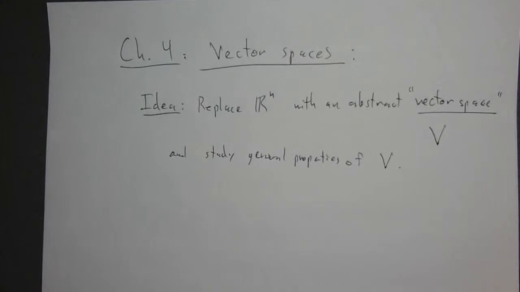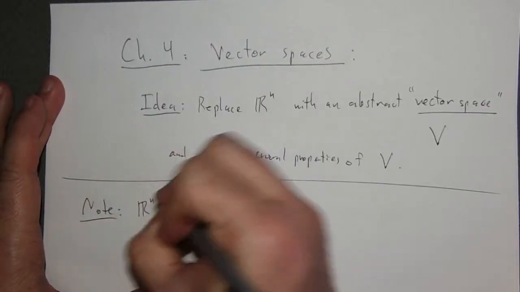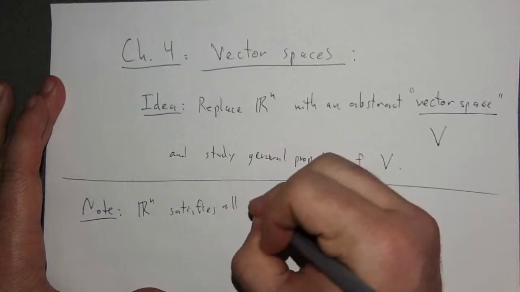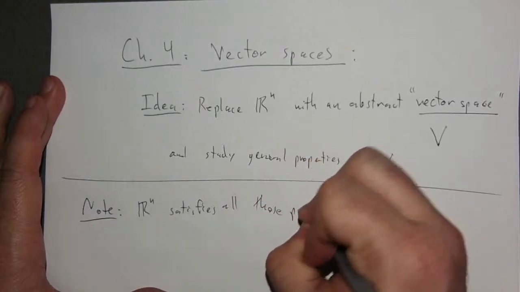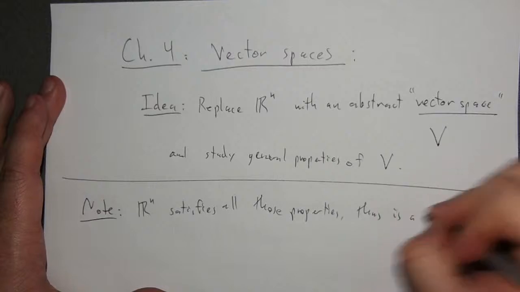Now I can easily verify that Rn satisfies all of those properties, and so Rn is an example of a vector space. So note, Rn satisfies all those properties, thus is a vector space.